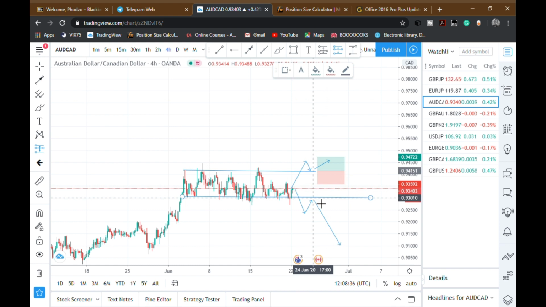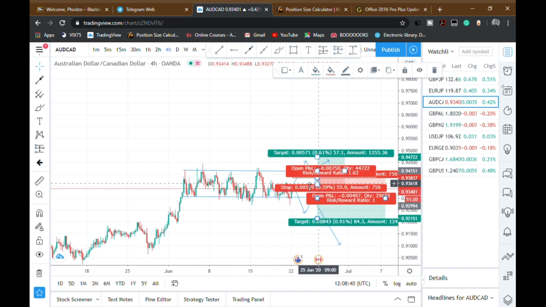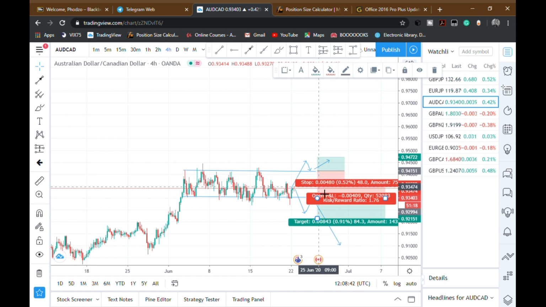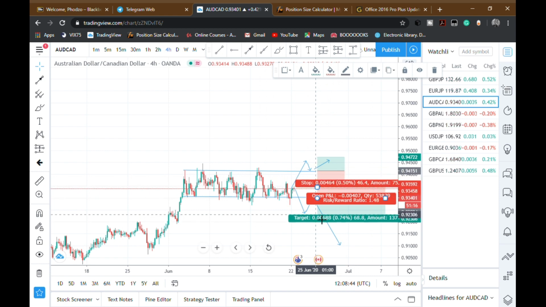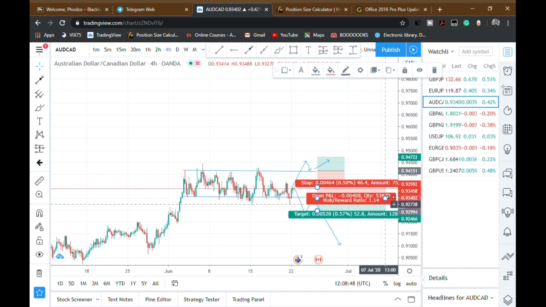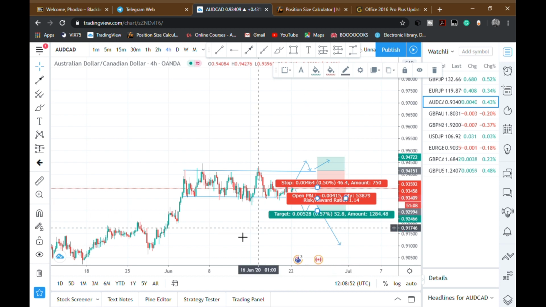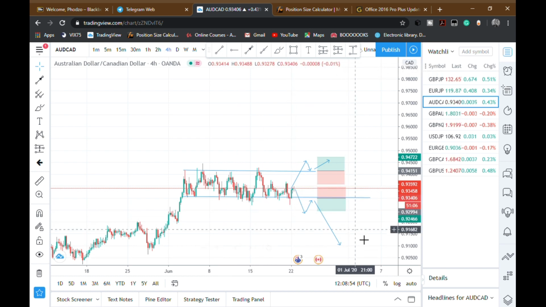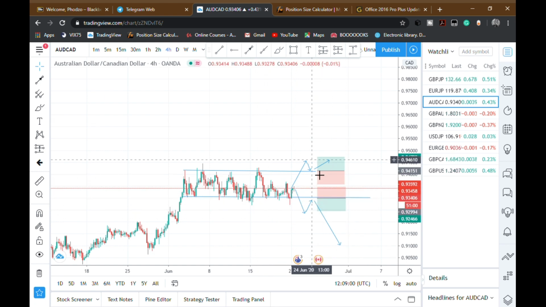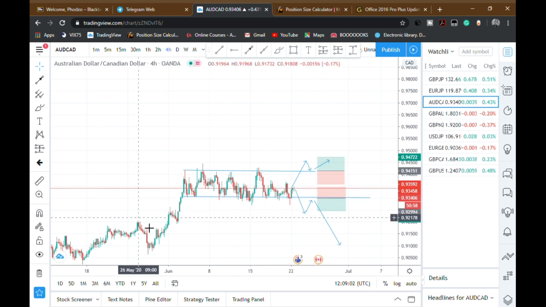So for now I'm just going to relax and wait for it to show me what it wants to do, and then do as it tells me. I trade what I see. I don't try to anticipate what's going to happen. I trade what I see. So if it breaks and retests, I'm entering on a sell. If it breaks and retests, I'm entering on a buy.